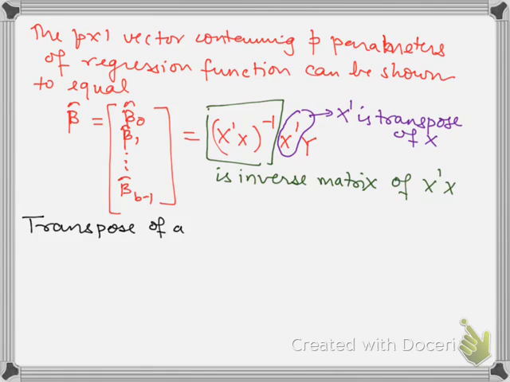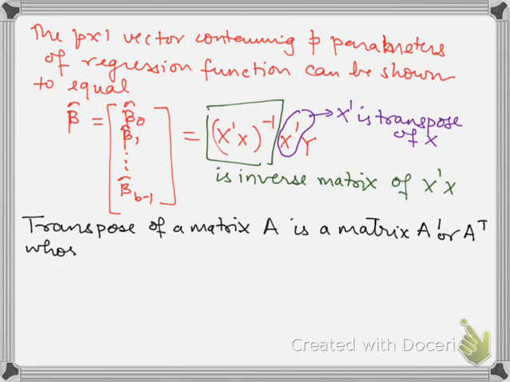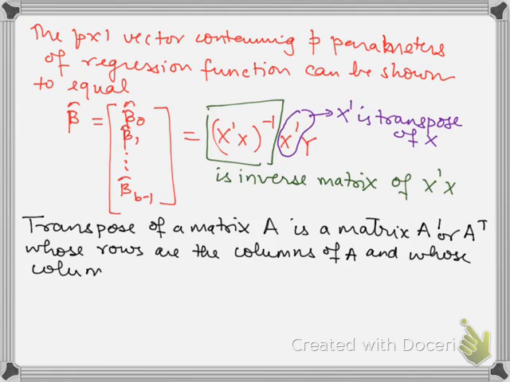The transpose of a matrix A, A transpose or A^T, is a matrix whose rows are the columns of A, and whose columns are the rows of A, all in the same order. So basically rows and columns have been swapped.